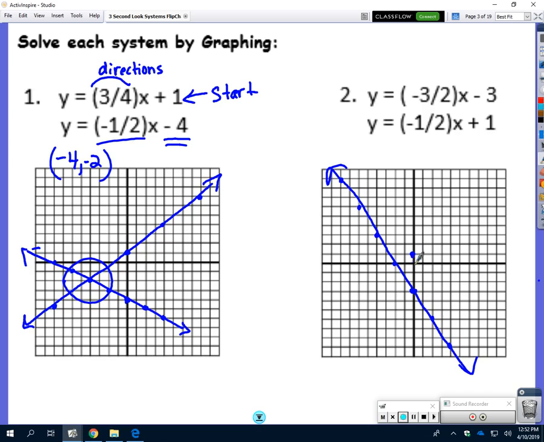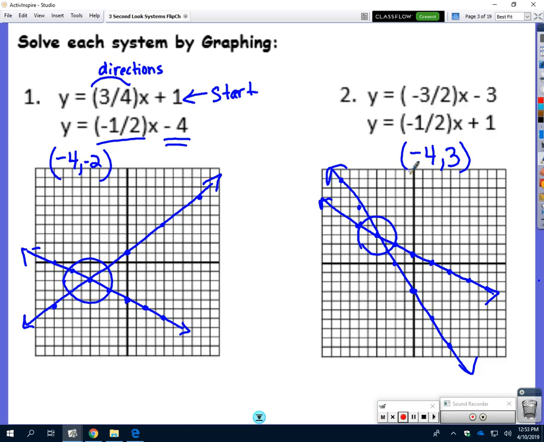It says go down 1 and to the right 2. And I'm moving away from the intersection, so I'm going to go the opposite way. Up 1 and to the left. And I can see where I'm going to intersect. Right here.